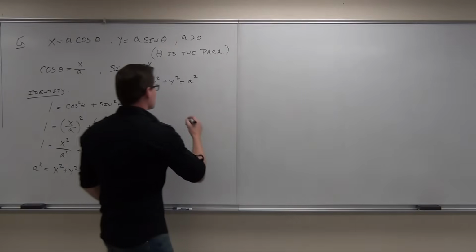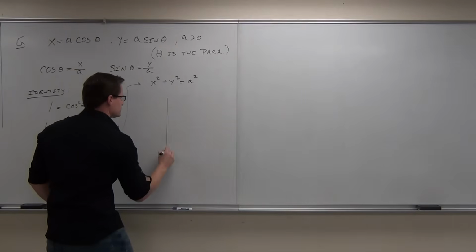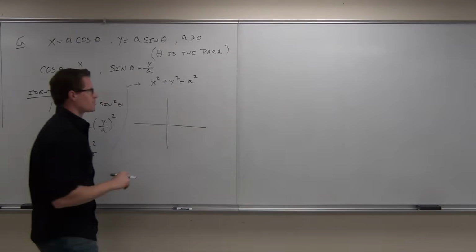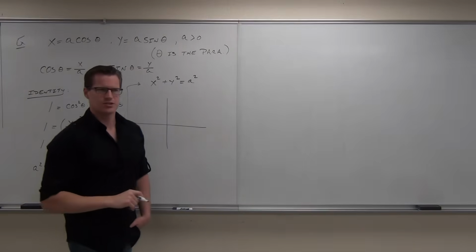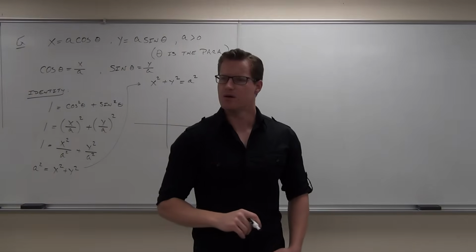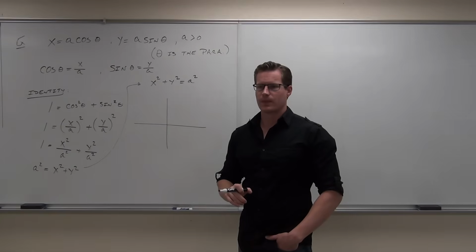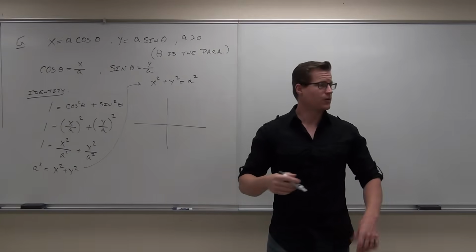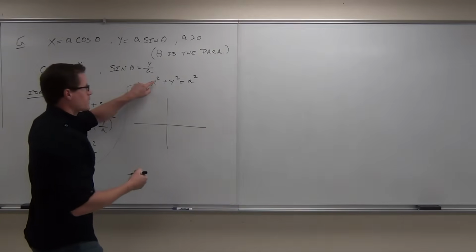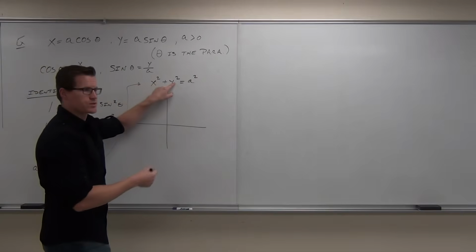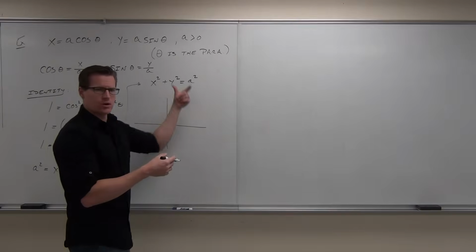Now, if we're to graph this thing, where's the center of this circle? You should know. It's at the origin. Remember that with our circles, whatever I would add in here or add in here, whether it's plus or minus, that's going to shift our center around.